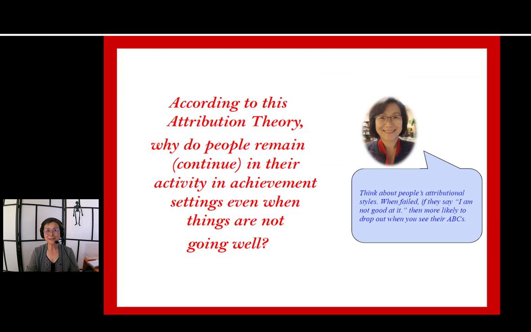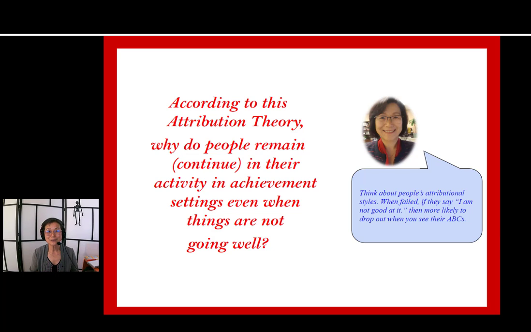So, second time asking the same question. This is what you need to answer based on attribution theory. Second time, for each theory I ask you the same question. This is part of a lab activity. So now, according to this attribution theory, why do people remain in their activity in an achievement setting even when things are not going well?